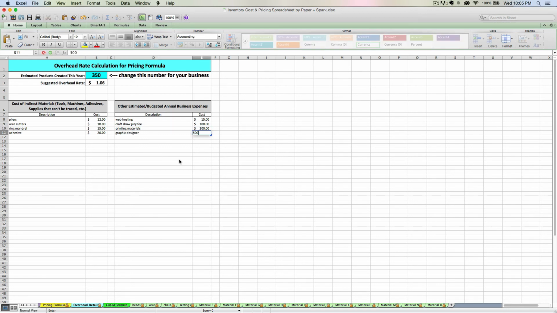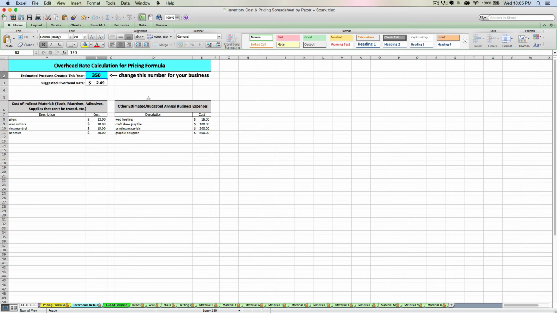Nothing too crazy. This tab here is going to automatically calculate a number for me, and it's going to calculate it based on this one blue cell here, your estimated products created this year. You need to input a number here. The spreadsheet comes with 350 there as a default, but you need to enter your own number there. What the heck is that number?